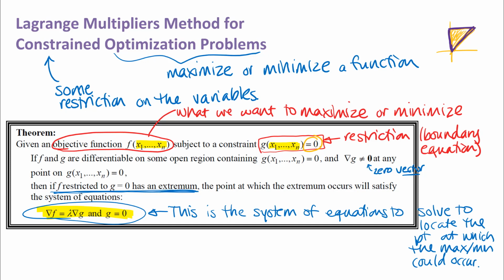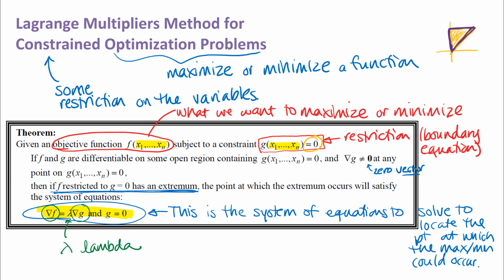Okay, so when we look at this system of equations, let's just talk a little bit about that. So we notice that we've got two gradient vectors, the gradient of our objective function and the gradient of our constraint function set equal to 0. And then we have this other symbol here. This is a scalar, lambda, and really it just represents a scalar.